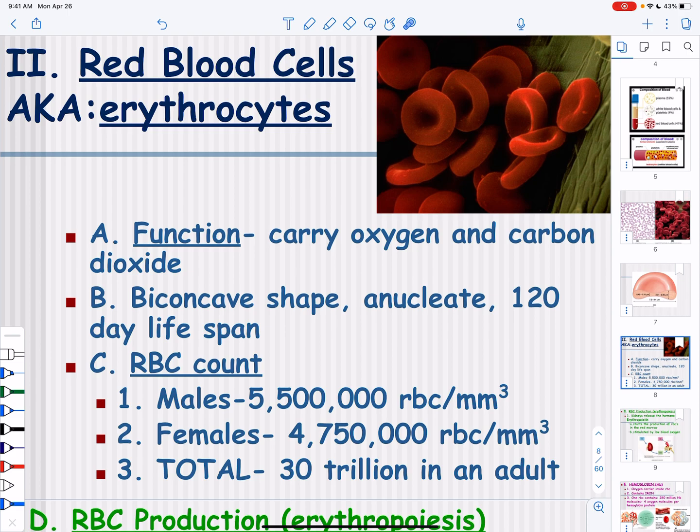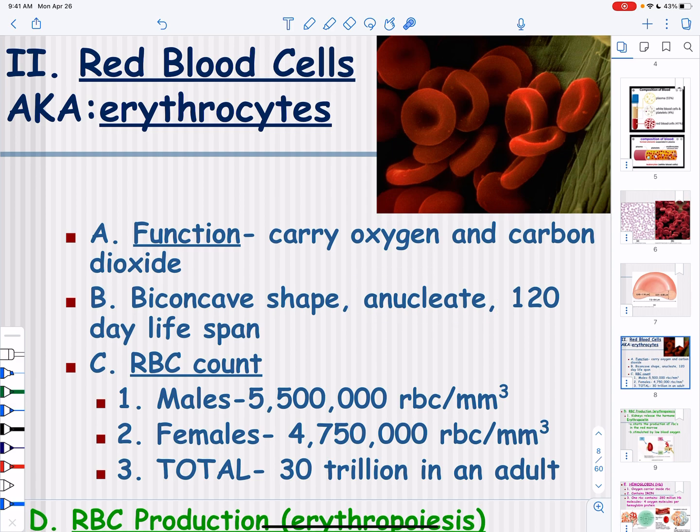So red blood cells carry oxygen and carbon dioxide. They carry the gases that are necessary to exchange with the lungs. And they are biconcave shaped, meaning that they cave in on both sides. Anucleate means they do not have a nucleus.